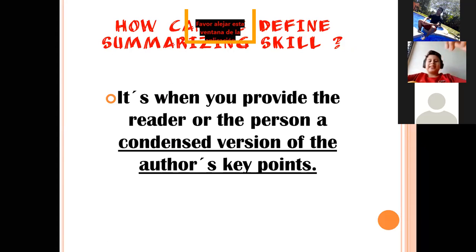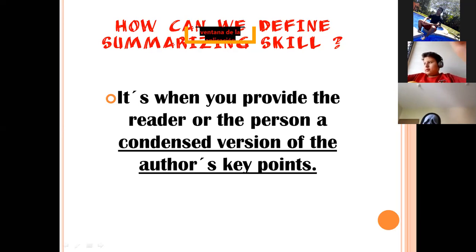We can use different tips to do this. Yes, you have to write this definition, guys. Please copy this definition. I looked up these definitions on the internet, because I consider that it's important to clarify and have the idea about what the summarizing skill is.